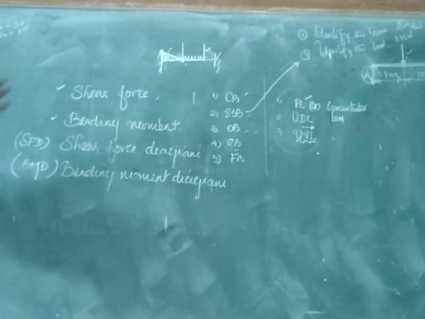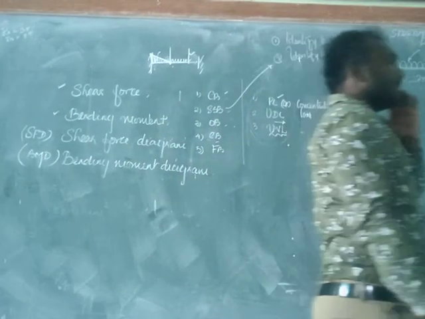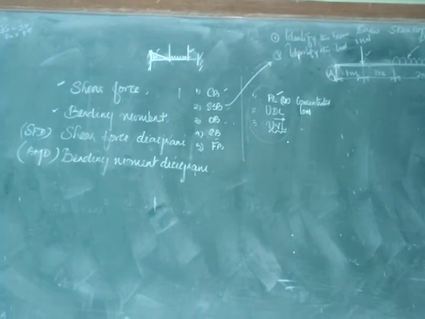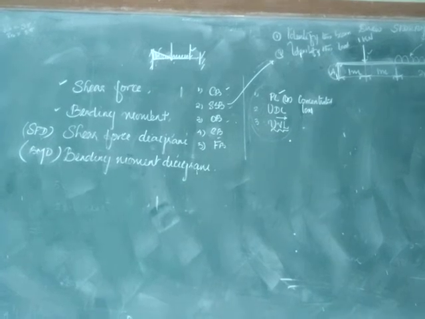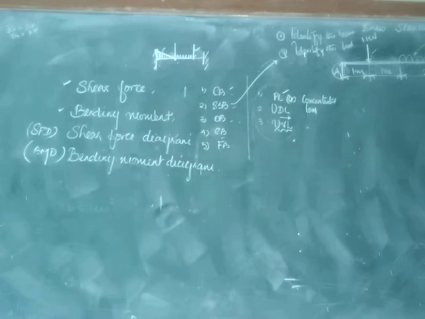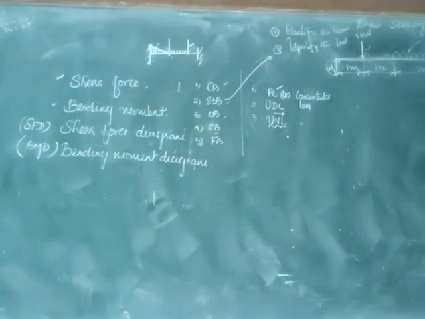What is shear force? Shear force is nothing but the summation of all forces acting on either side of the beam. This is known as shear force. Here, what are the forces acting?